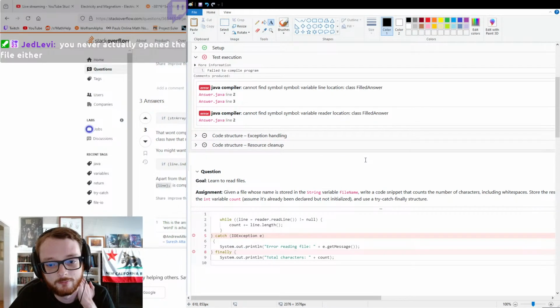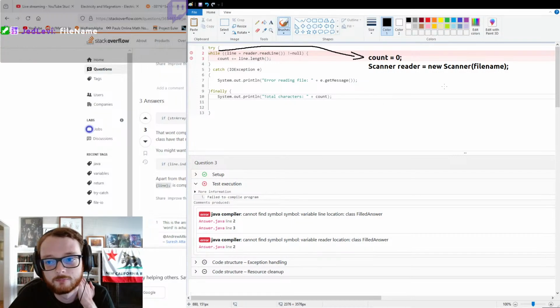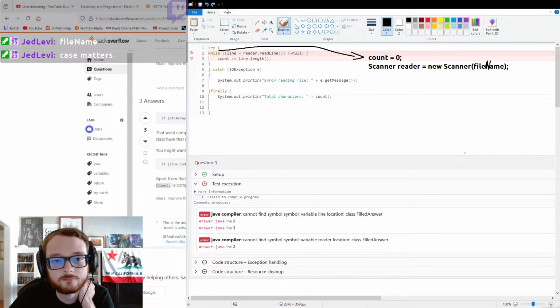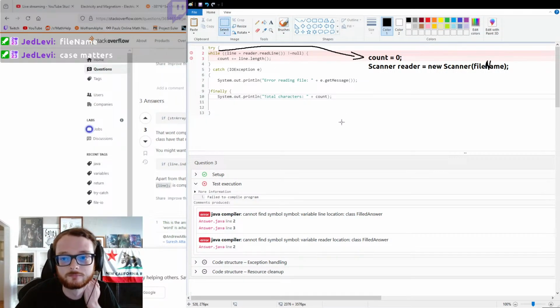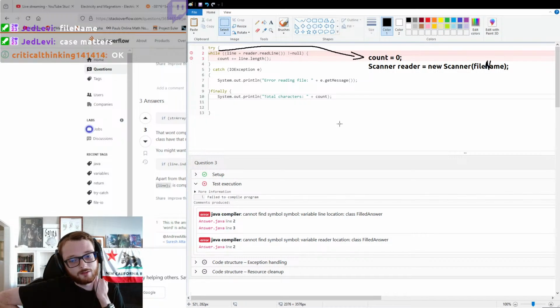Oh, capital N? Yeah, capital N. Then that might work. I think that opens the file for you in Java, and then you can just start reading.